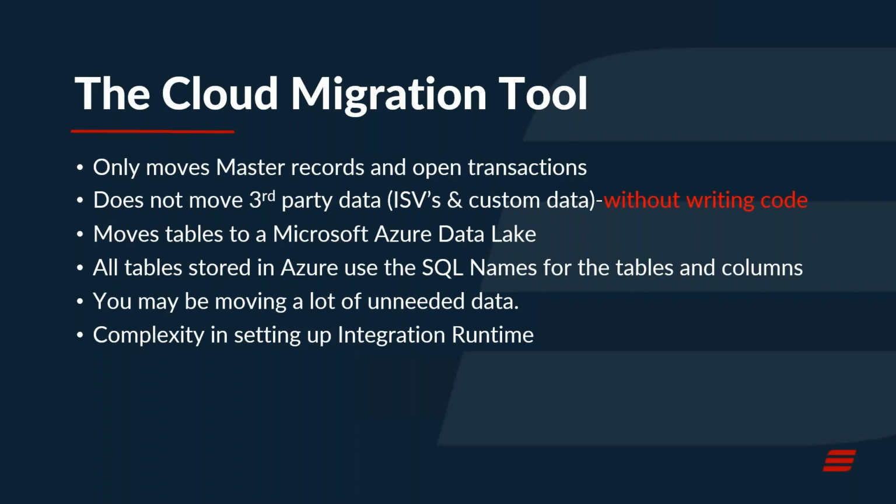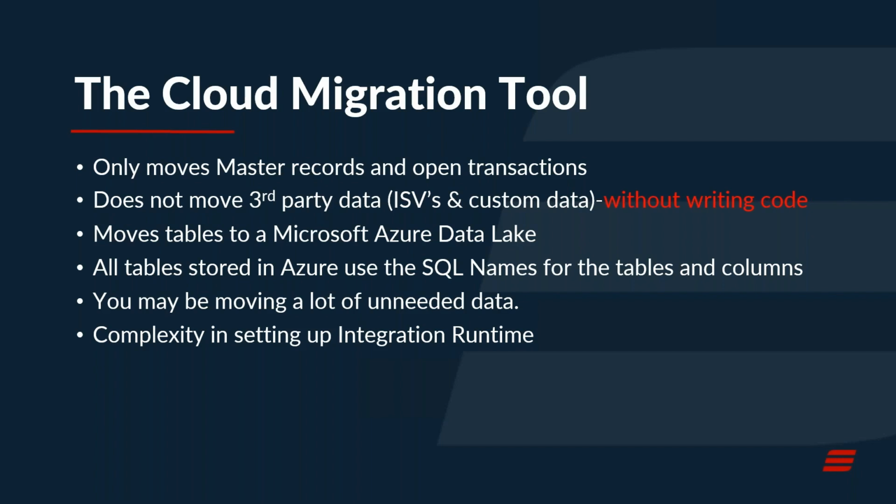But there's another component where they allow you to archive a lot of the data that's sitting in your GP database, and they do use a data lake, so they will move some of that. But one of the problems is they don't move the third-party data. So what does that mean?